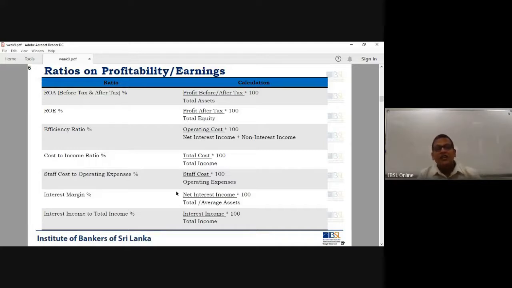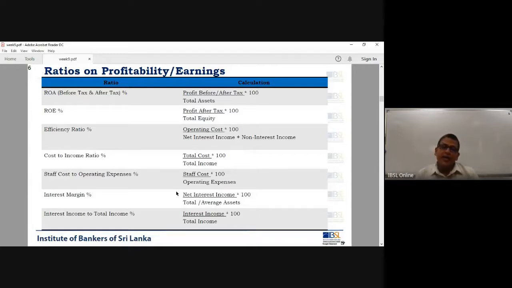And then we are calculating the ROE, return on equity. Of course, this is the return attributable to the equity holders. So we deduct everything from the profit, up to the tax level. The profit after tax divided by the total equity multiplied by the 100.